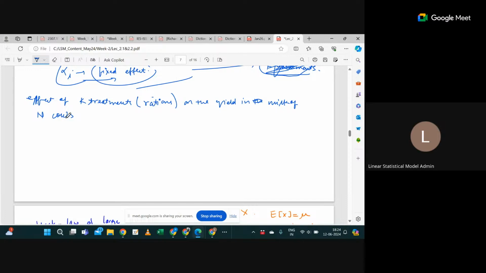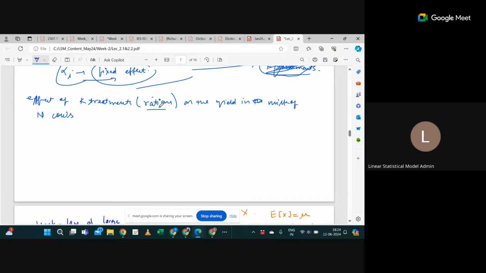Are you getting the meaning of k treatments? I think the k treatments are like different rations, with different types of food. Okay.